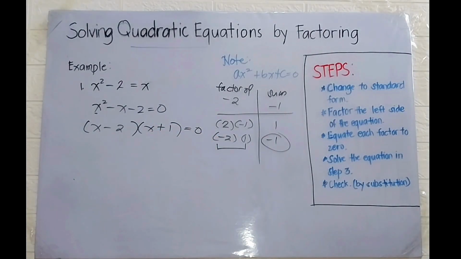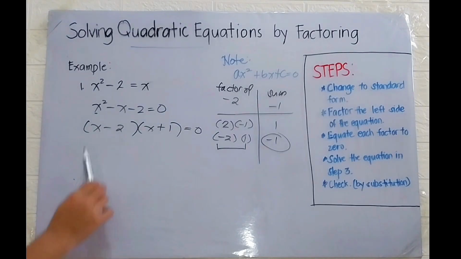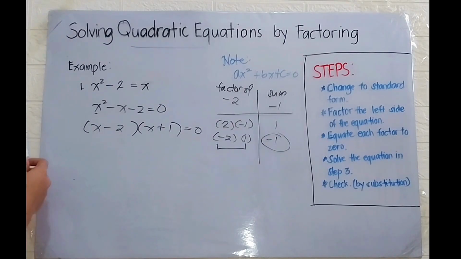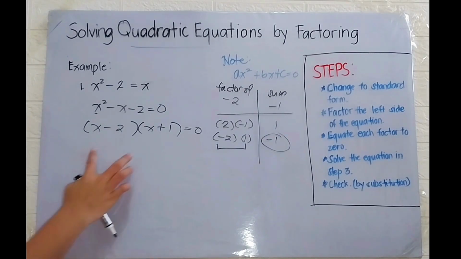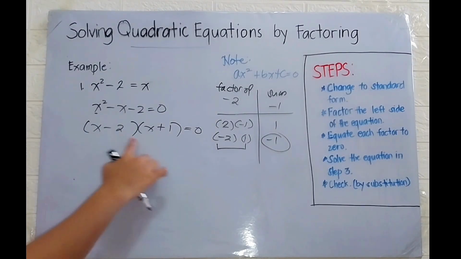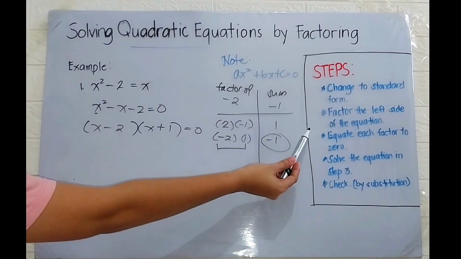Okay? Again, the factor of x squared minus x minus 2 equals 0 is simply x minus 2 times x plus 1 equals 0. If you have doubt dun sa factor nyo, kung nalilito kayo sa sign, you can check this first by multiplying these two factors using the FOIL method. Okay? So, we're done with factoring the left side of the equation.